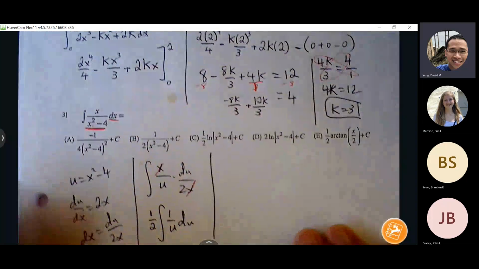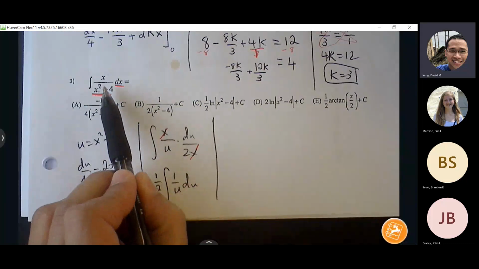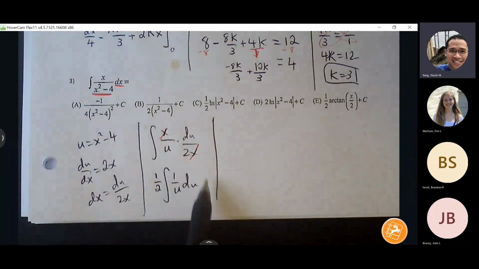So this is really the benefit of U substitution, that you've rewritten the problem in a form that feels a lot more familiar. We know a rule that we can apply here, natural log.